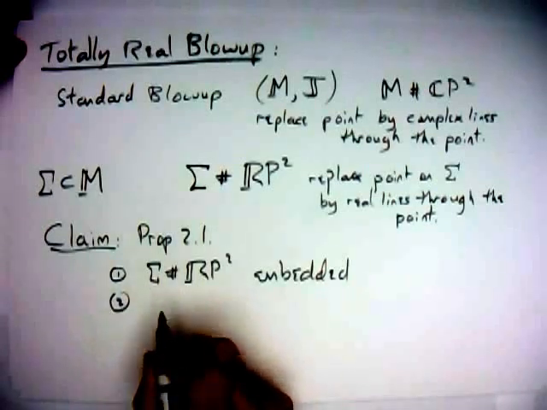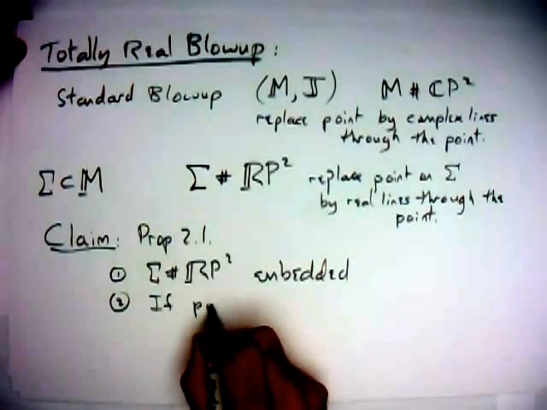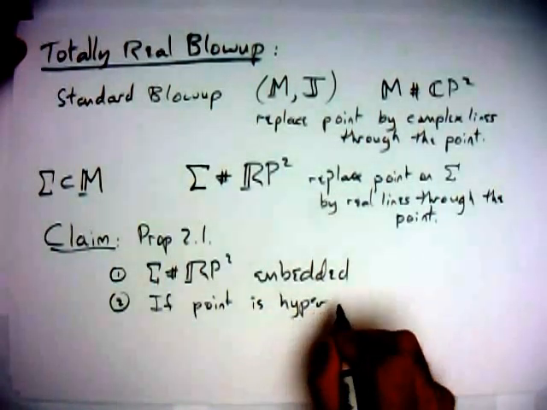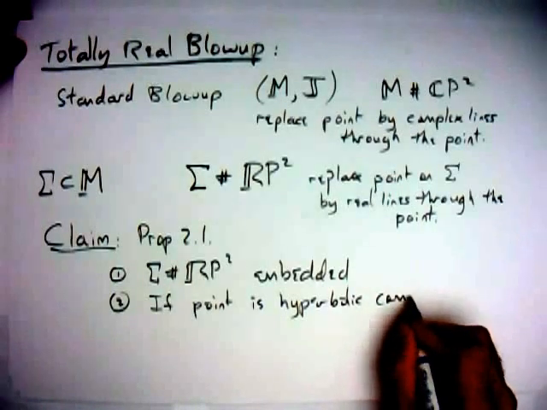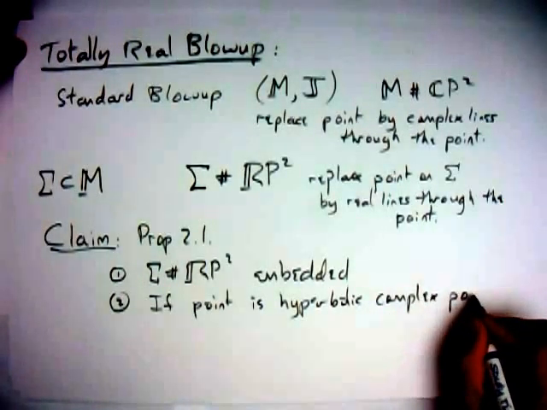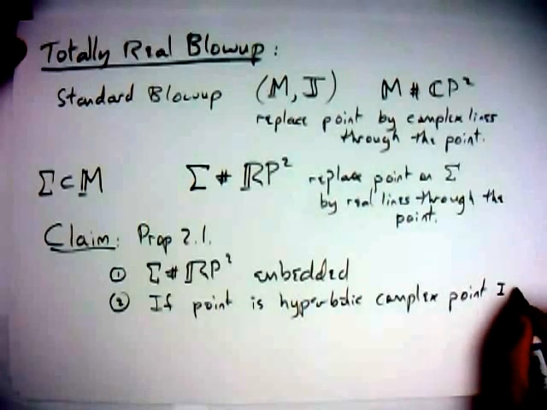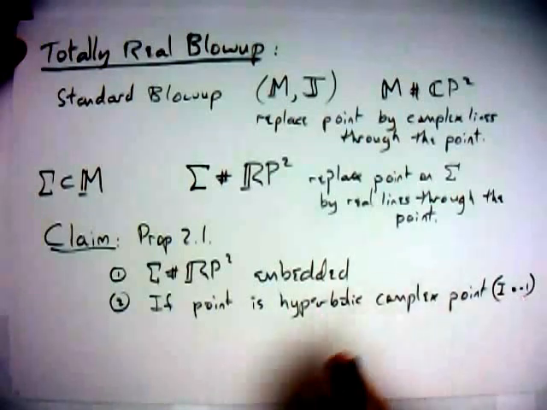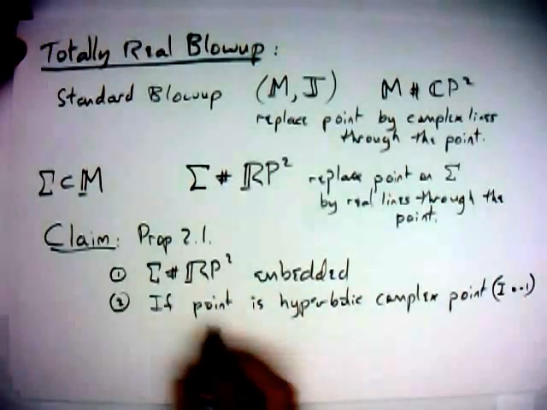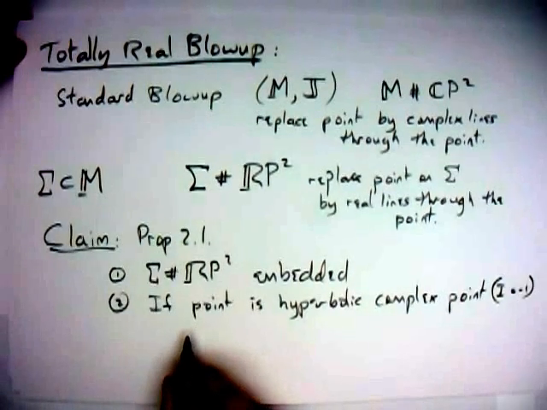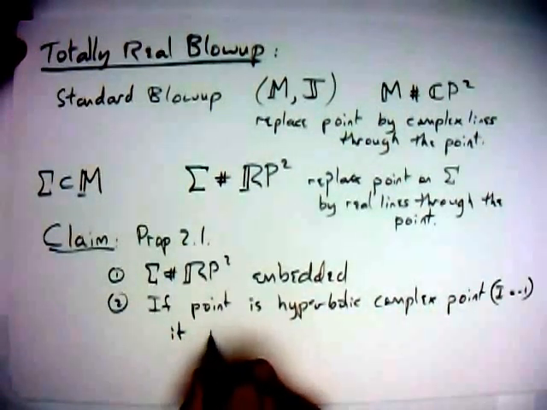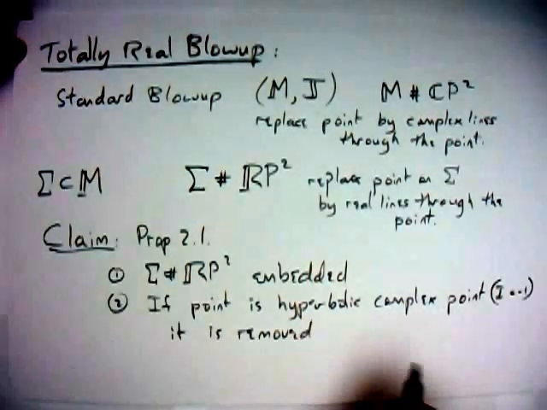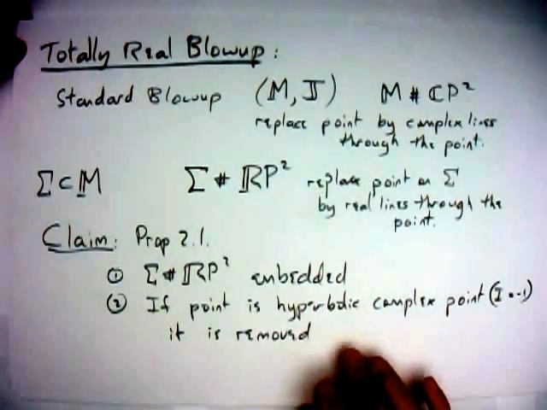And secondly, if the point you blow up is a hyperbolic complex point, so a hyperbolic complex point is one with complex index -1 (in the case of TS2, this would be an umbilic of index -0.5), then it is removed. In other words, you can smooth it out so that it becomes totally real. It kills this complex point, hence the name totally real blow-up. Okay, so this is the claim.